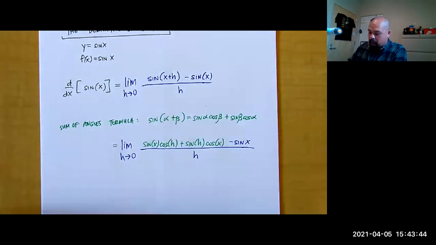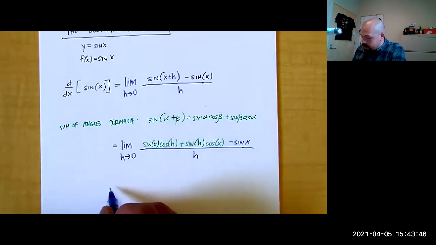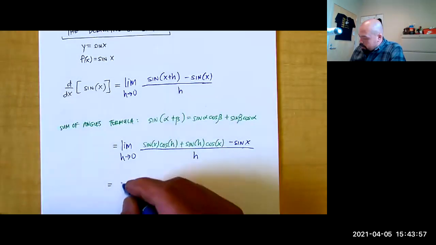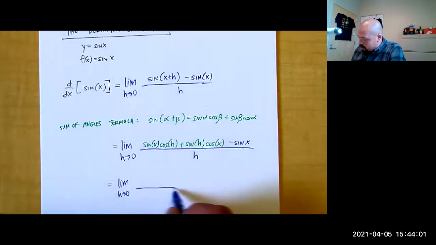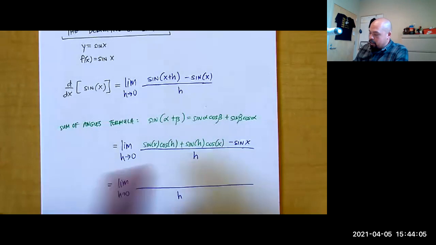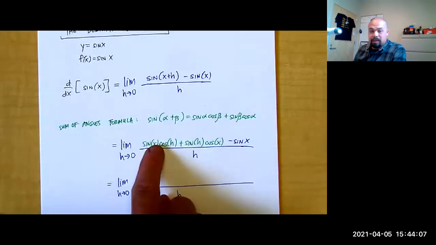Now comes just our reorganization, our rewriting, kind of like when we were adding and subtracting the same value in our product rule, quotient rule discussion previously. We're going to take this limit as h goes to 0, still everything over h. And all I'm going to do really in this case is bring the sine of x term together with this other sine of x term.